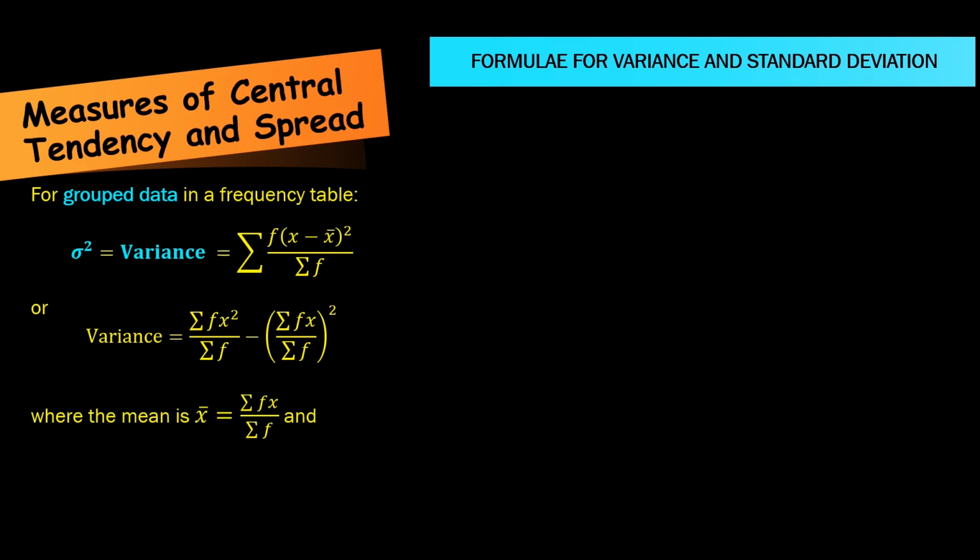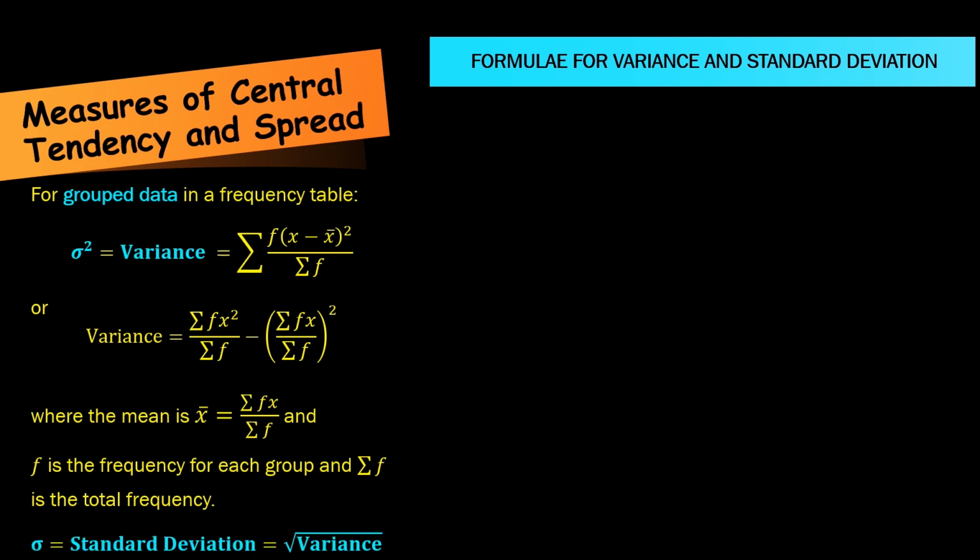And hopefully you'll notice that x bar equals sum fx over sum f. Of course, f is the frequency which we mentioned earlier for each group, and sum f is the total frequency. Again, the standard deviation is equal to the square root of the variance.